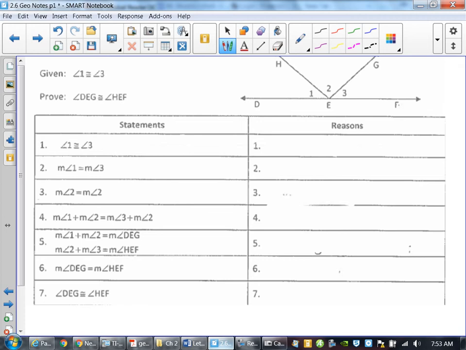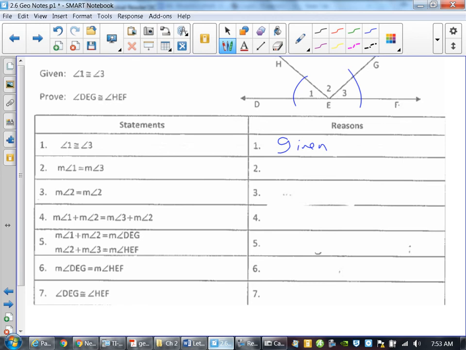Okay. What's your first thing to do? Given. It's a good place to start. Given. We know that 1 is congruent to 3. And what should I do to my diagram? Mark. Very good. What did they do to the second step? Definition of congruency.